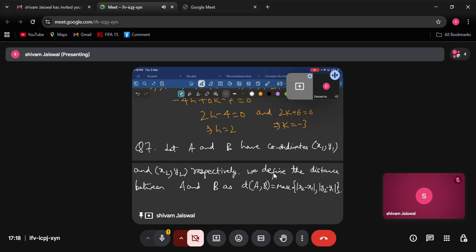If the distance from O to A is equal to 1, where O is the origin, find the locus of A.